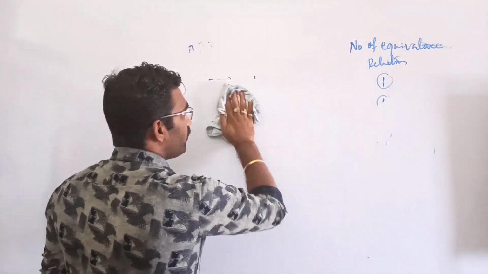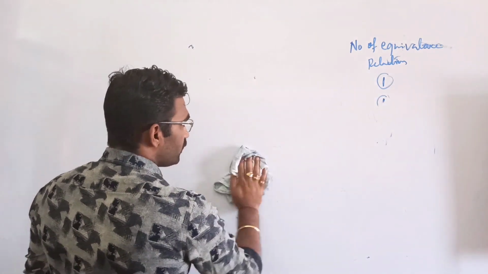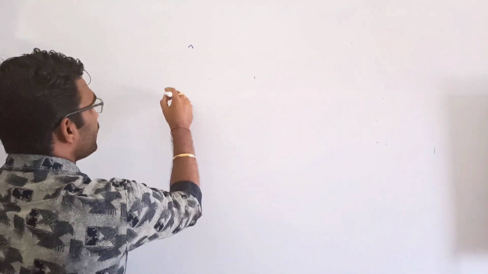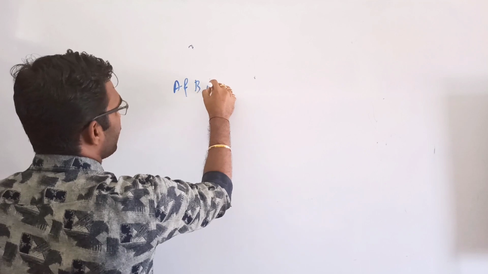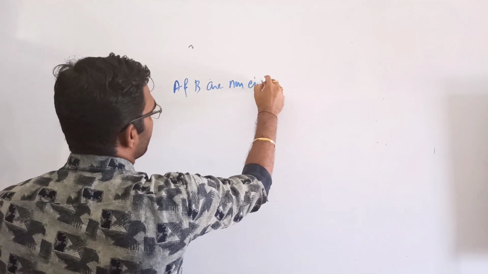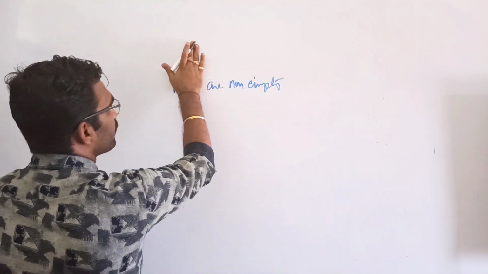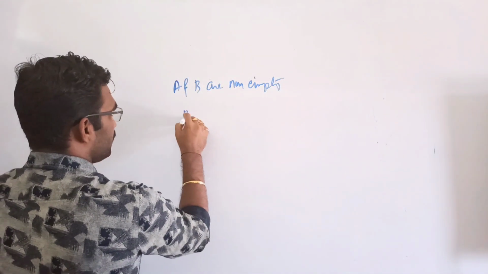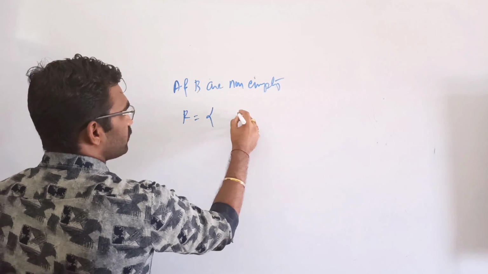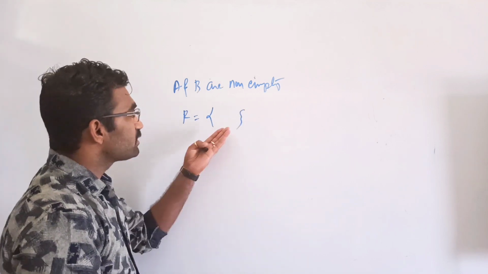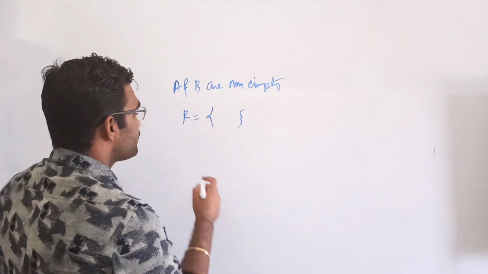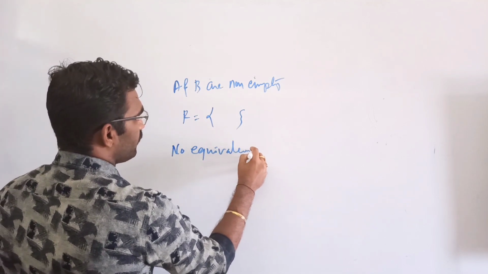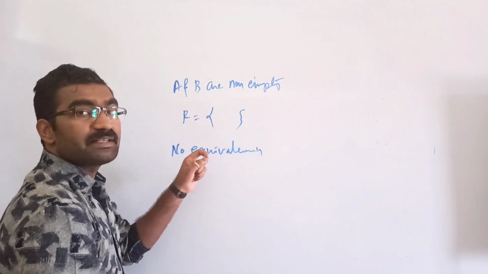There is one more point based on this equivalence relation I am going to talk about. If the sets A and B are non-empty, then the null relation is not an equivalence relation when A and B have some elements.